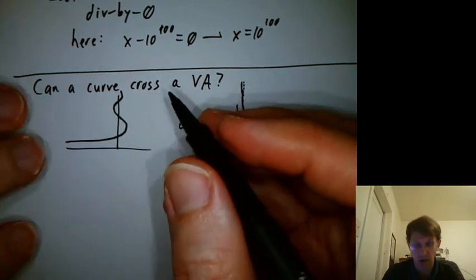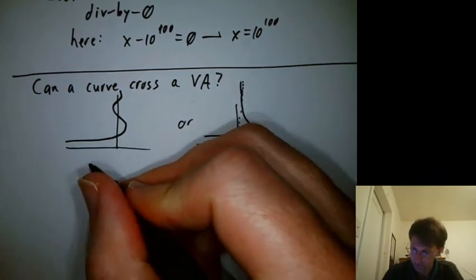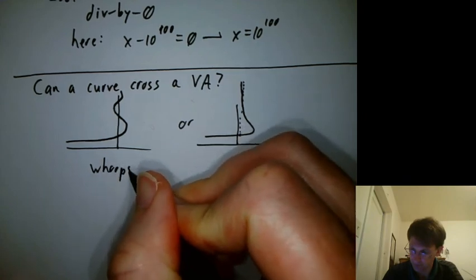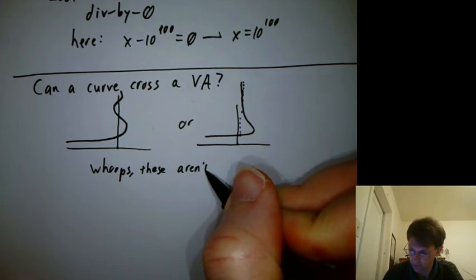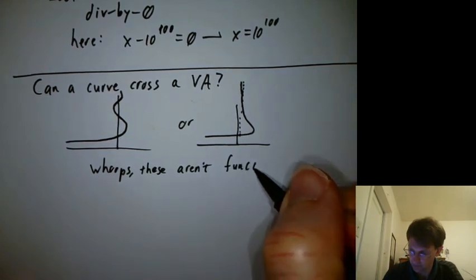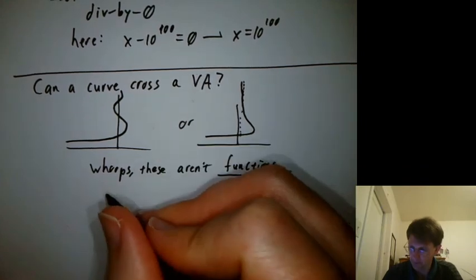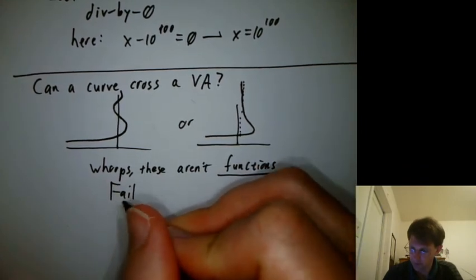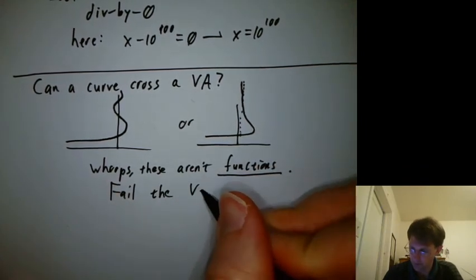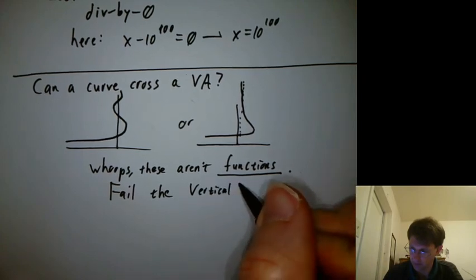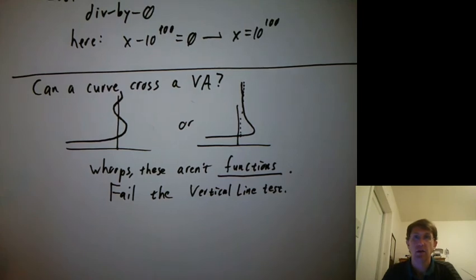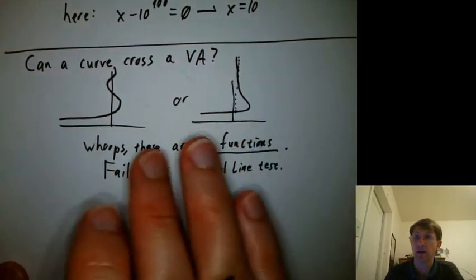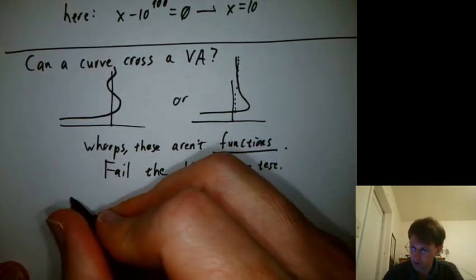They're curves, but they're not functions. So a function cannot cross a vertical asymptote.